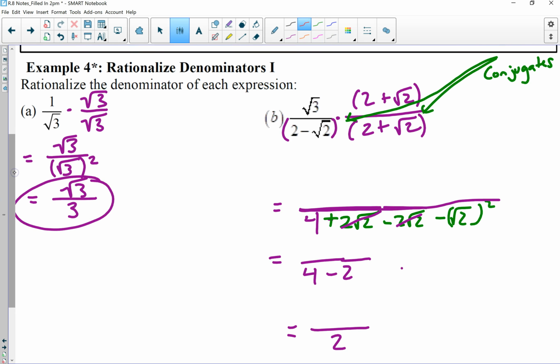I can distribute the 3 through, the root 3. So 2 times root 3, here I have a value of 2, but that doesn't have a square root, and the root 3 does. So how we handle that is they're not like items. You can't really combine them and say get like a root 6 or something. The best I can do, since they're different things, is to just write it as a default multiplication.